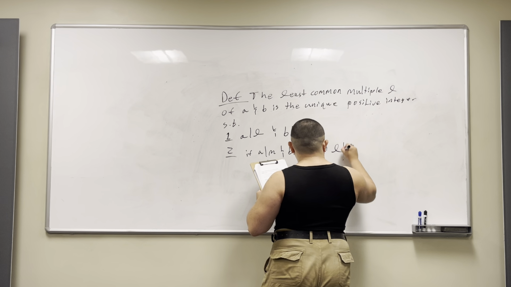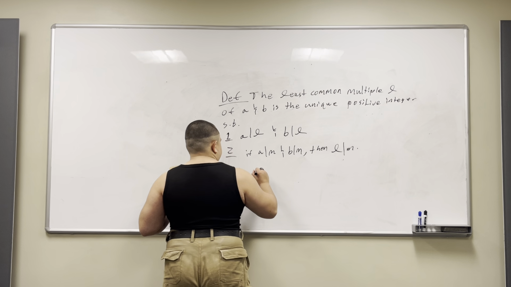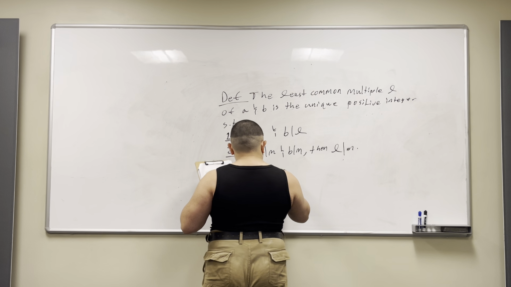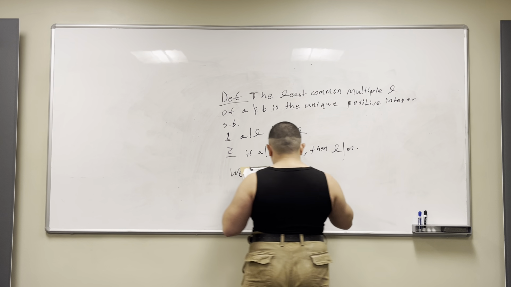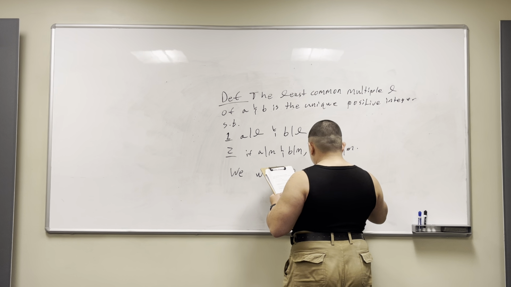You have that notion of the common divisor, and this time least. So we write L is equal to the LCM of (a, b).